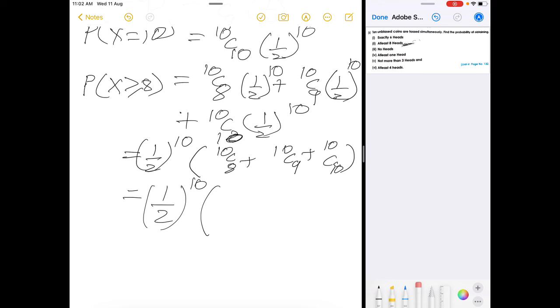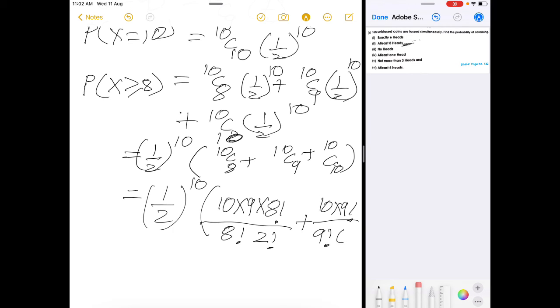Okay, 10c8, what do you have? 10 into 9 into 8 factorial divided by 8 factorial into 10 minus 8, which is 2 factorial, plus 10 into 9 factorial divided by 9 factorial into 10 minus 9, which is 1 factorial, plus 1, because 10c10 is always 1. I don't need to even calculate it.